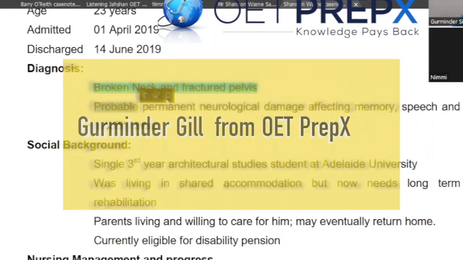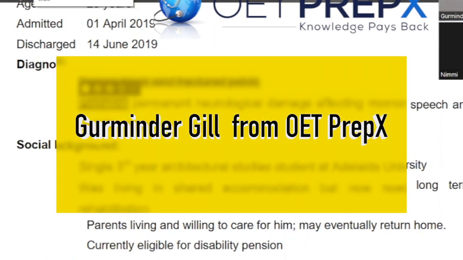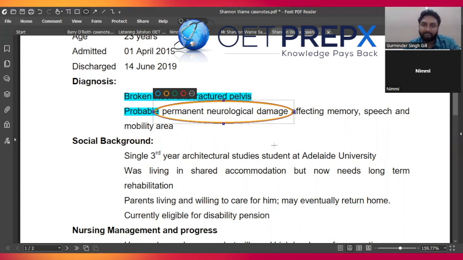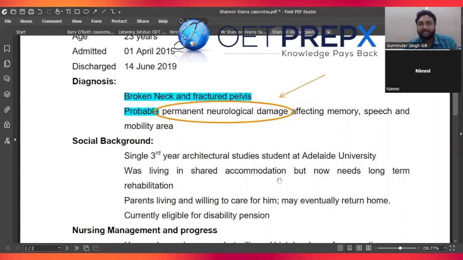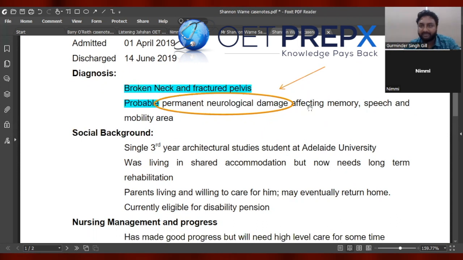It was probably permanent neurological damage because of the accident that happened. Right? So this should be the purpose or the patient's current condition, because of these reasons he is affecting memory, speech, and mobility area.